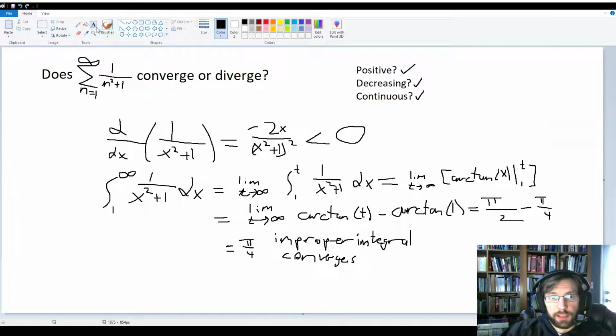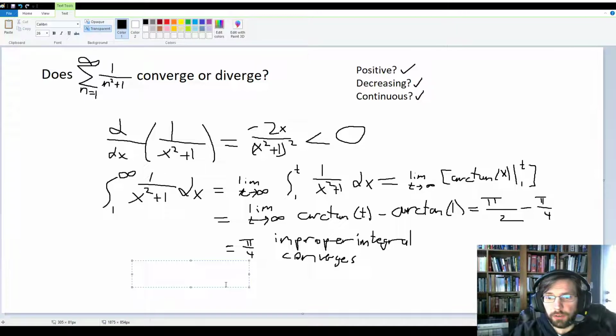And then lastly, we can say that because the improper integral converges, it's a positive decreasing continuous function. The series converges by the integral test.